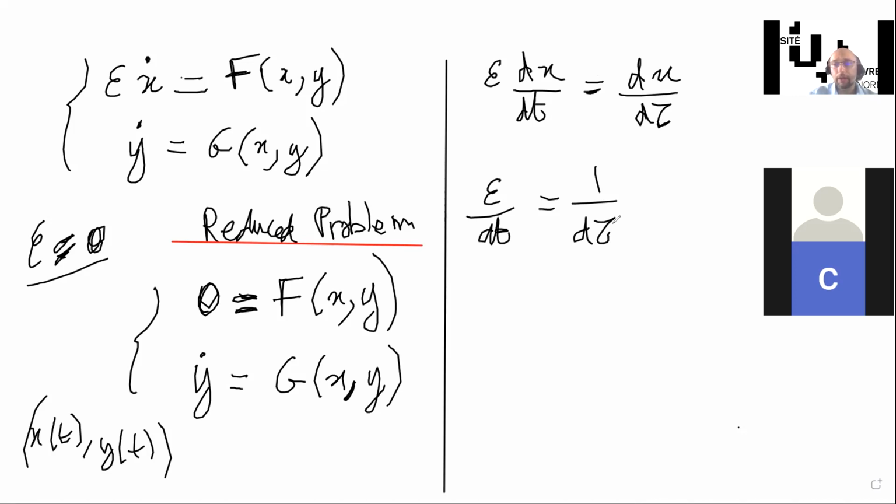which means that I have t equals epsilon tau, right? So what do I get after this change of time?